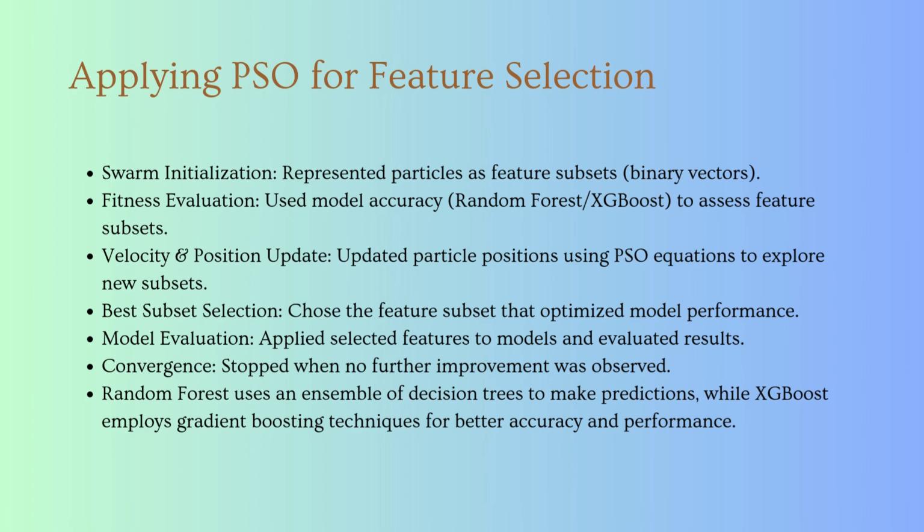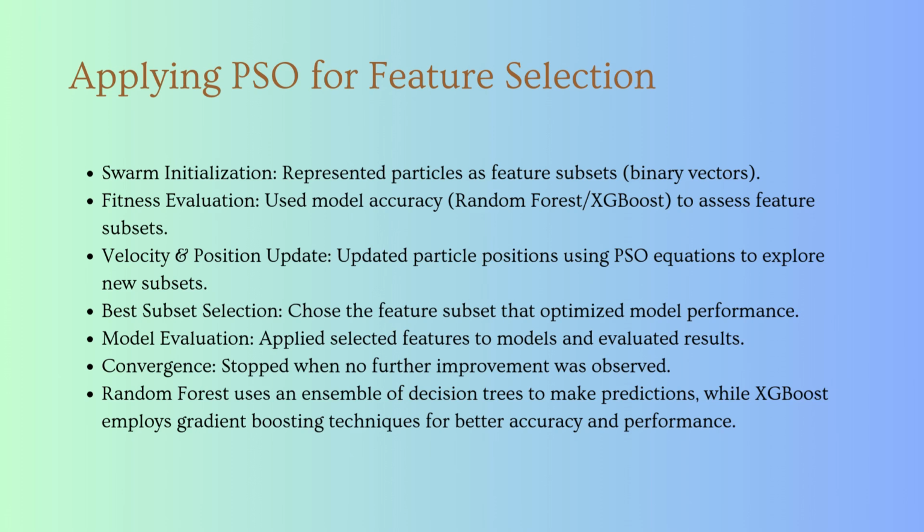Personal and global bests. The third point here is the two decisions which we studied before, that the bird makes two decisions based on two things, personal best and global best. So each particle tracks its personal best position, which is the best feature subset it has found, and the global best position, which is the best feature subset found by any particle in the swarm. This information drives the optimization process.